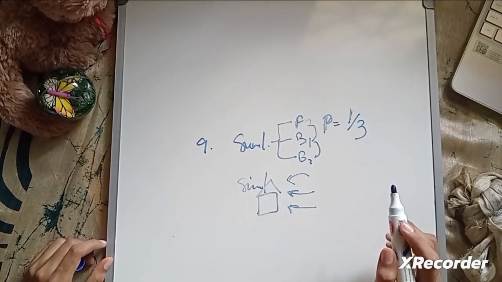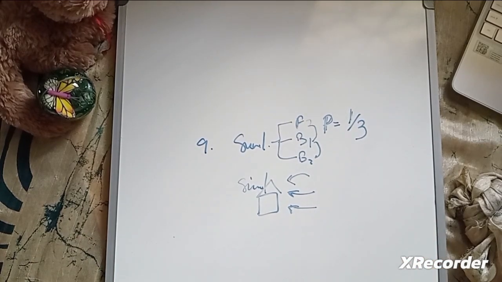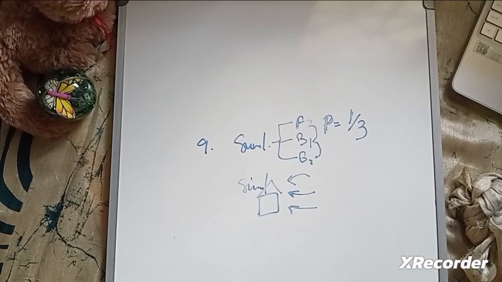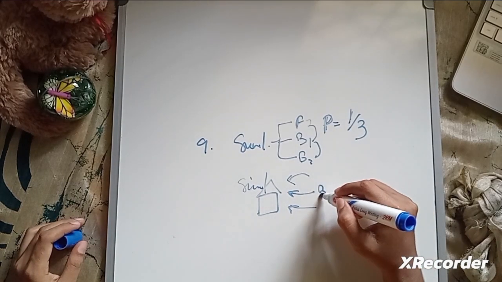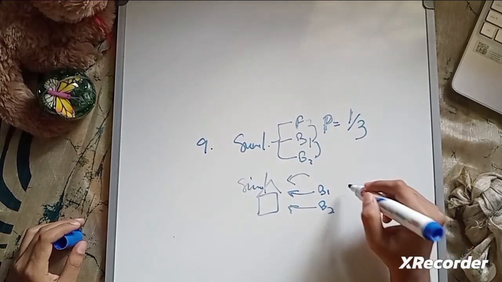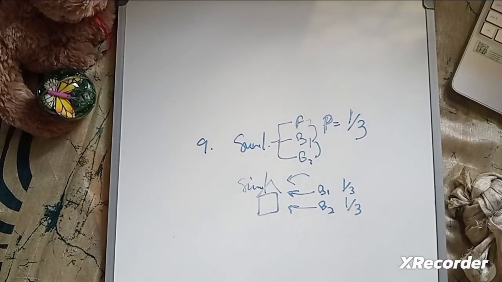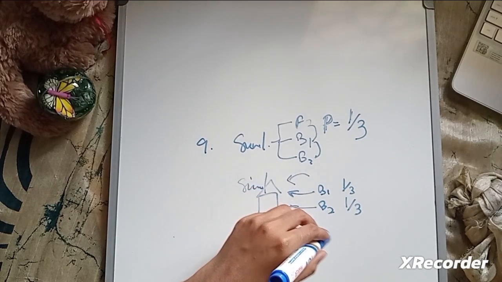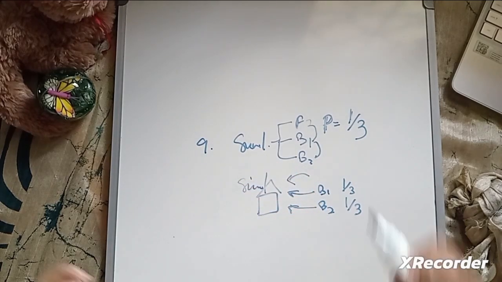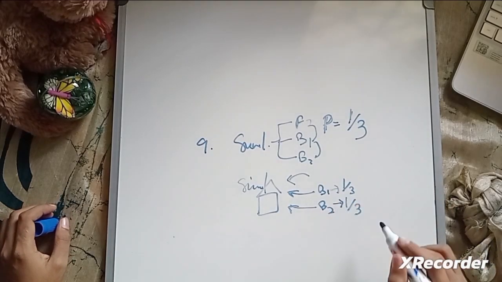Then they are asking to find the probability of one of his brothers arriving first. So we know that since he has two brothers, there is a probability for these two brothers arriving first. So this one, it is 1/3. This person, it is 1/3.